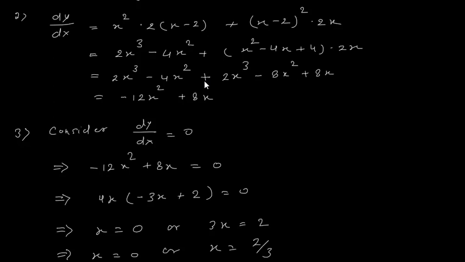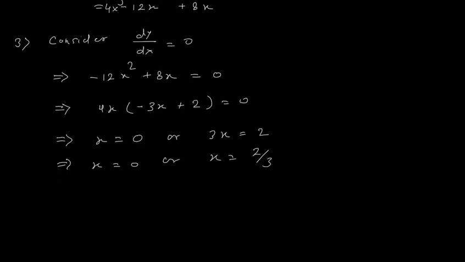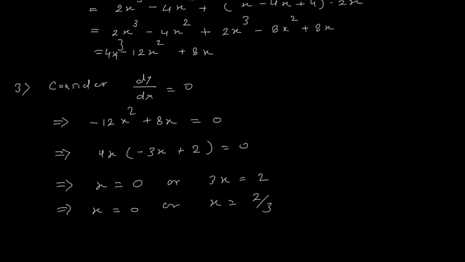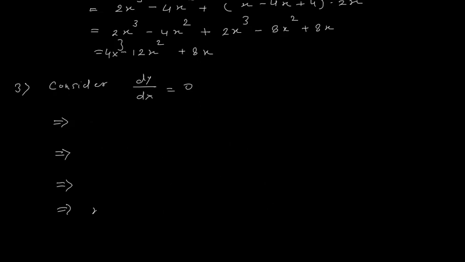So it is 2x cube plus 2x cube is 4x cube. While solving the problem, it is good practice that you check in between whether you are making some mistake, something wrong. So I have to redo these equations. Let us solve again.